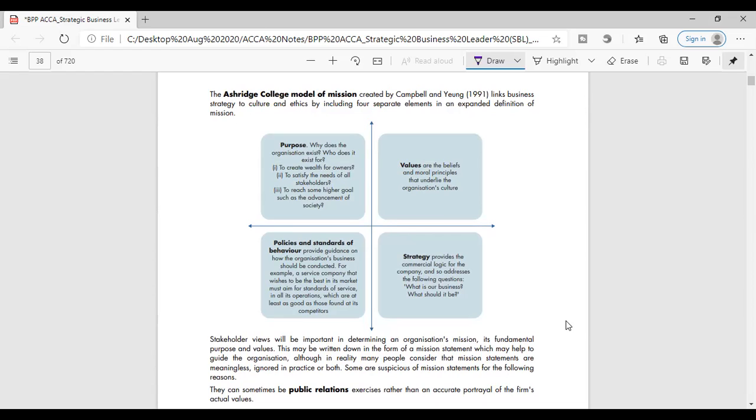Purpose is what it wants to do in the long term. To create the wealth or to create the knowledge or to change the world. What is the purpose of the organization?